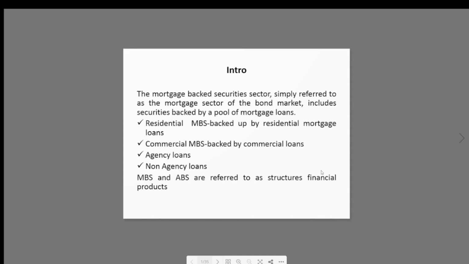There are also commercial MBS, which are backed by commercial loans. We have agency loans and non-agency loans. Mortgage-backed securities and asset-backed securities are referred to as structured financial products.